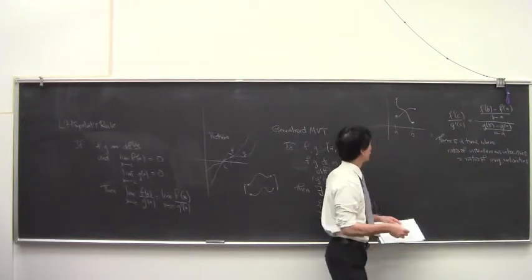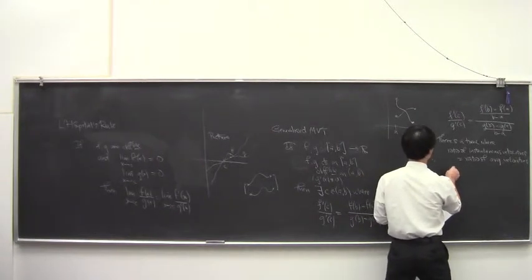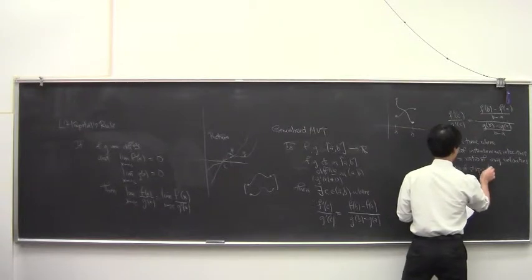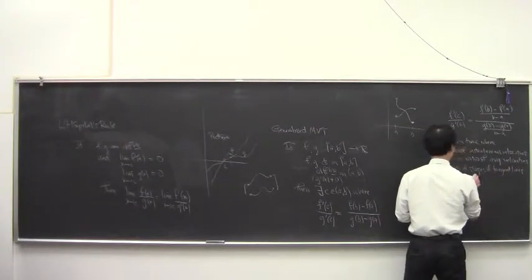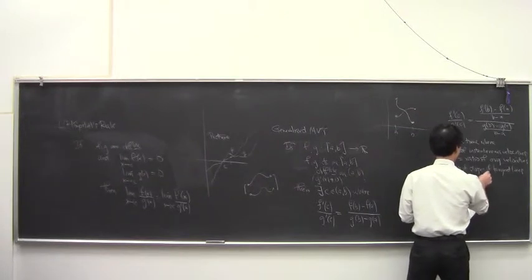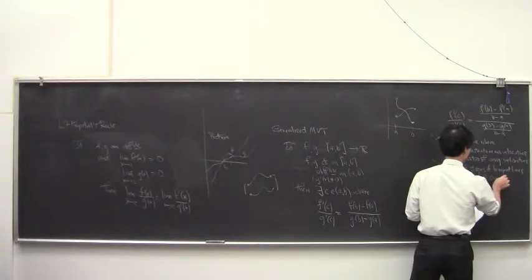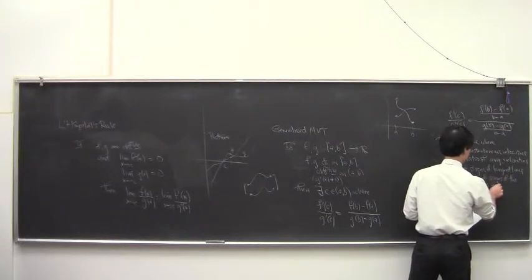Or geometrically, what this is saying is that there's a place where the ratio of the slopes of the tangent lines equals the ratio of the slopes of the lines through the endpoints.